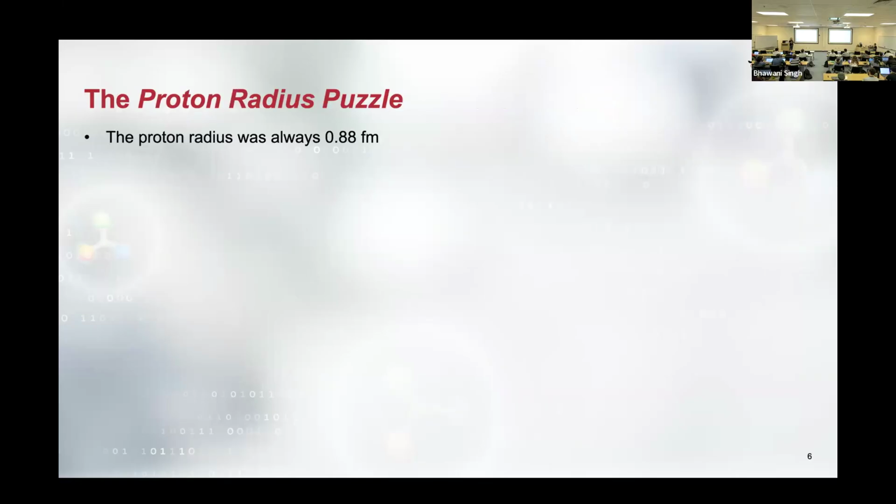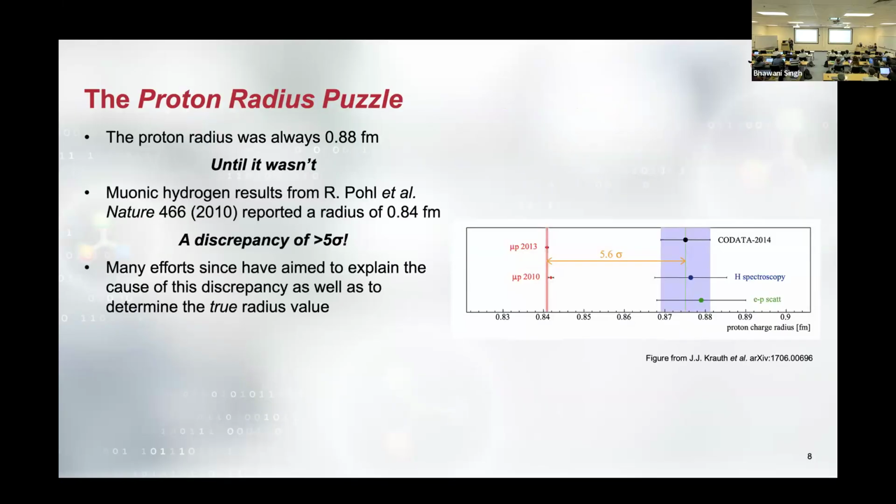So what is the proton radius puzzle? At one point in time, we thought that it was 0.88 femtometers. Previously, I said it's 0.84, and then it wasn't. In 2010, this group, Pohl et al., published this Nature paper that found a 0.84 femtometer radius, and that was a 5.6 sigma discrepancy with the previously accepted value.